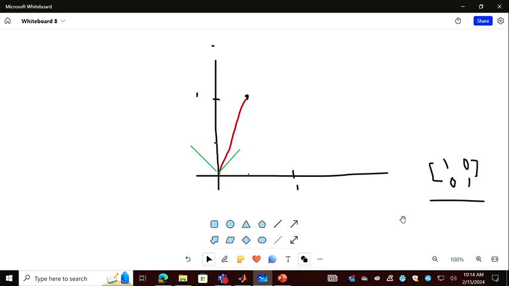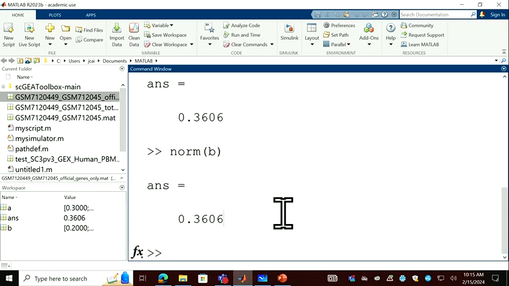My current coordinate system is 1, 0, 0, 1, but I want to use this green one, a pair of vectors, as my new coordinate system. So first, I want to normalize this. This is too short, so I want to make it 1 somewhere, make it longer. So I have to normalize it. I will do b divided by norm b.